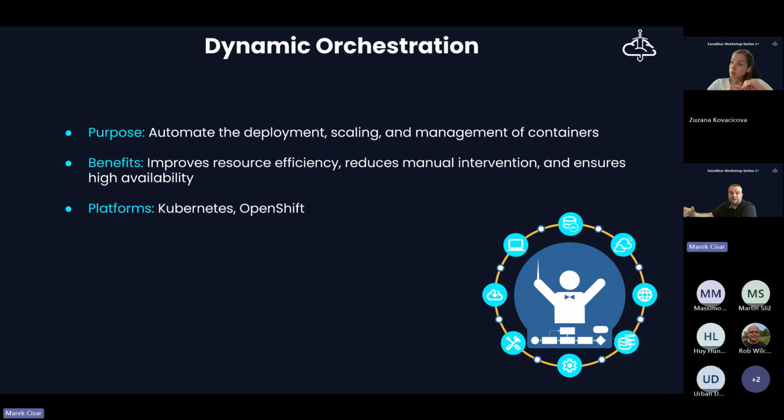Then we are talking about orchestration platforms, tools, utilities, and so on. Typically, platforms like Kubernetes or OpenShift then come into place. They enable administrators to automate the deployment of the applications, scaling, and overall management of all applications or containers themselves.